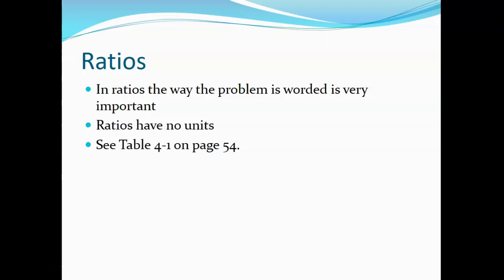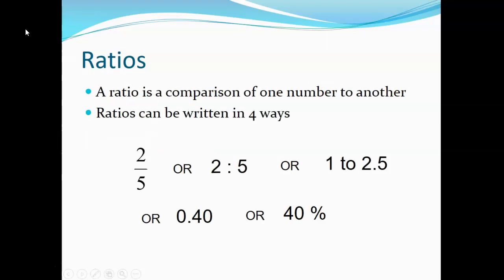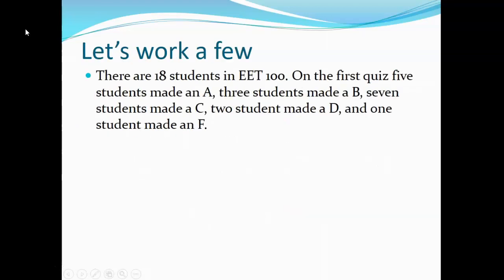Get the idea of ratios, yes? All right, so kind of moving on. Here's another one. Let's work this kind of together. There are 18 students in EET 100. Not really, I think there's about 12 of y'all now.